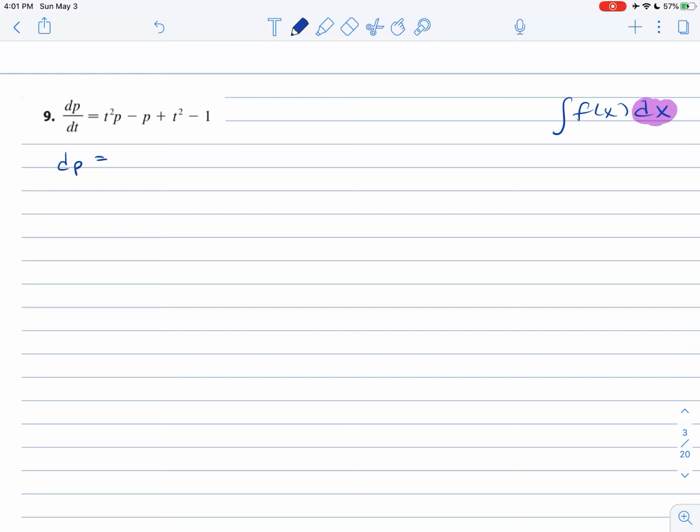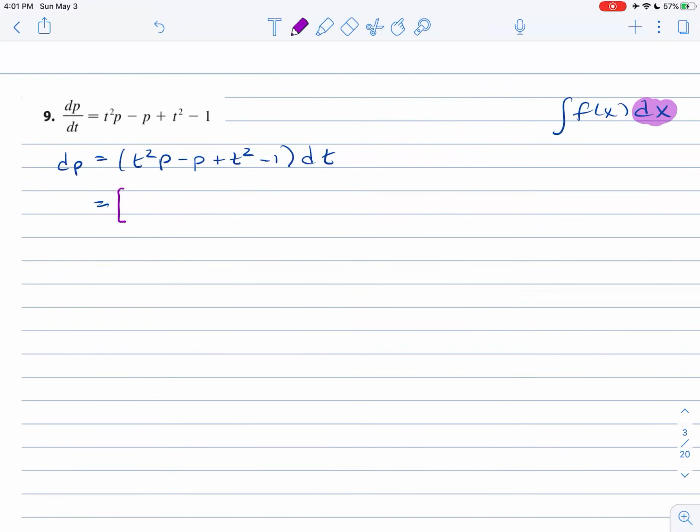So I get dp equal to t squared p minus p plus t squared minus 1 times dt. Now this one looks a little tricky to separate the variables because it looks like p's and t's are everywhere. But if we go back to factor by grouping, then we probably will get somewhere.